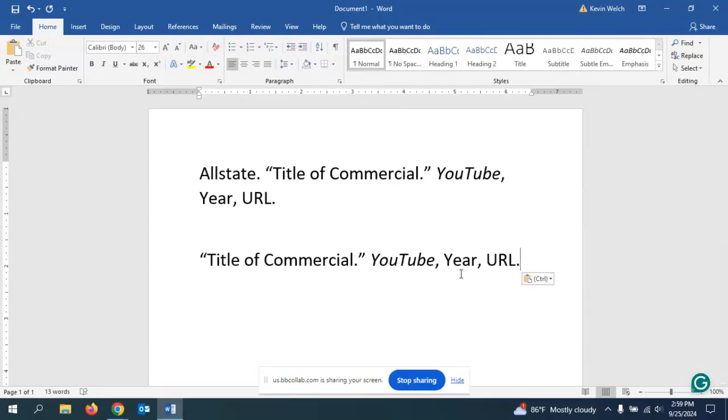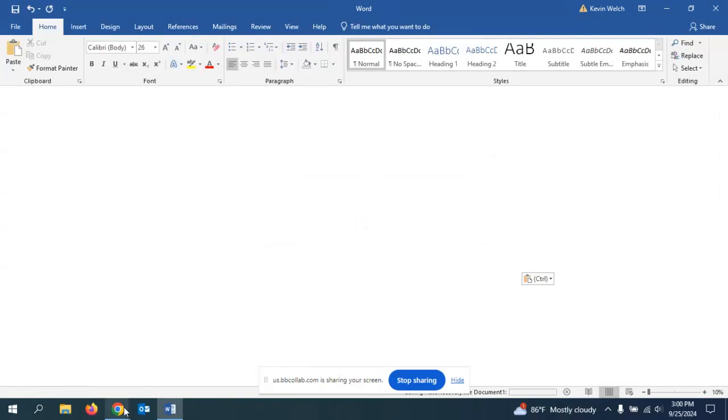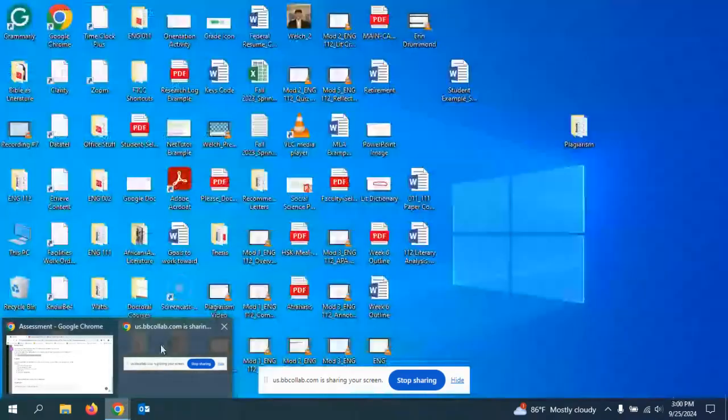Just make sure that you get the details in there, that the title's there, the container, the year, and the URL, and that you've got periods and commas and italics and stuff. I would probably lean more towards this one myself, but that's how I do it. Okay, and then make sure that you add the hanging indents as well. So if you have any questions, send me an email, and good luck.